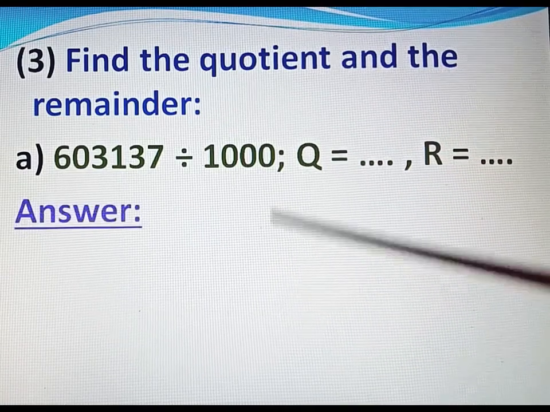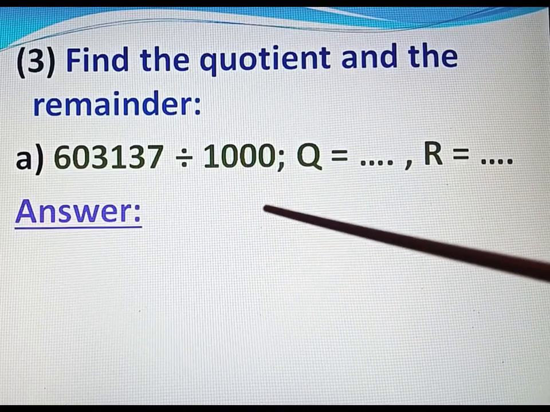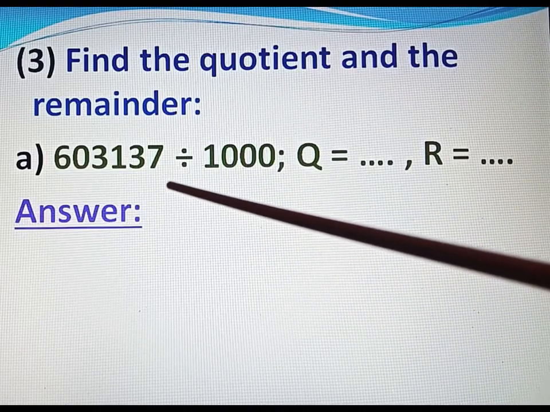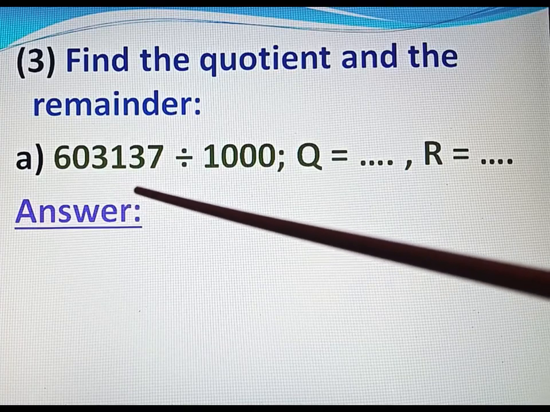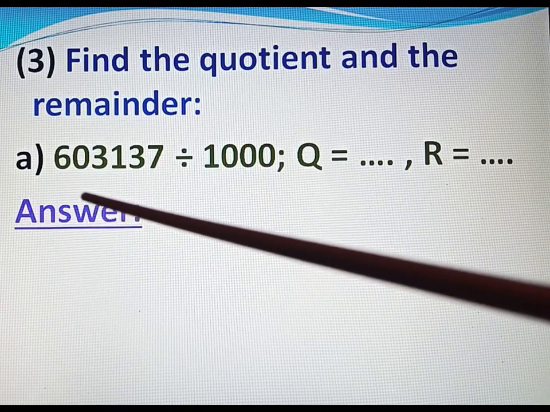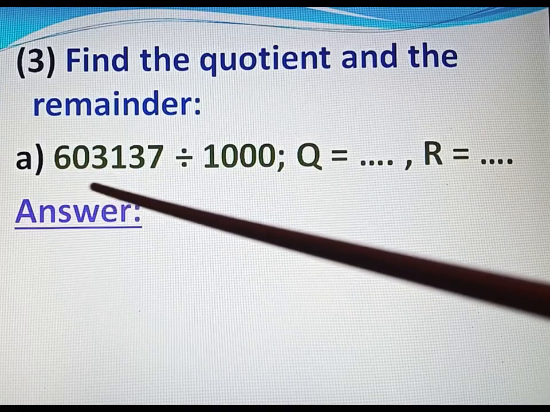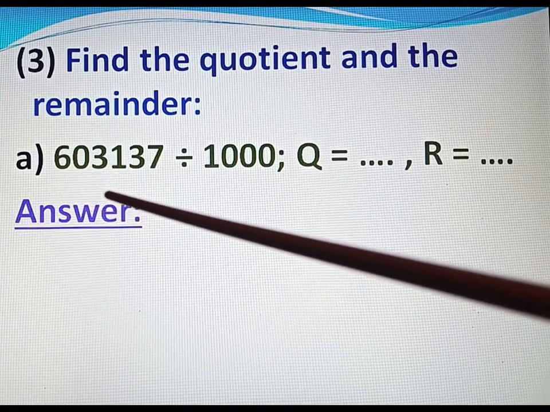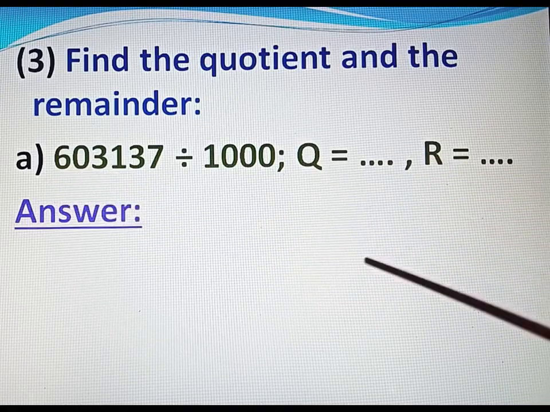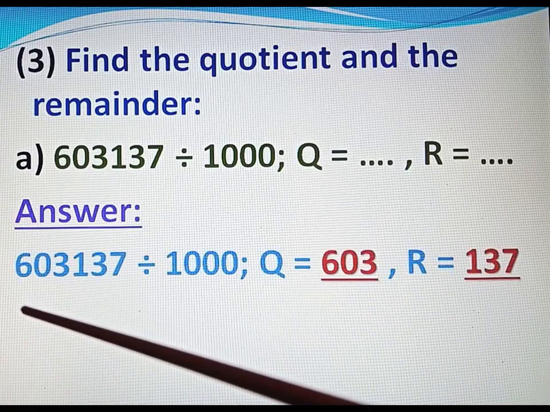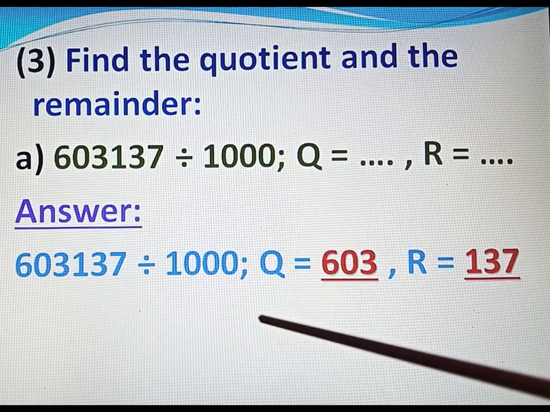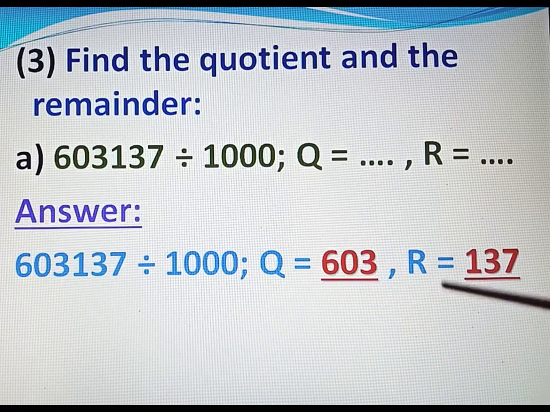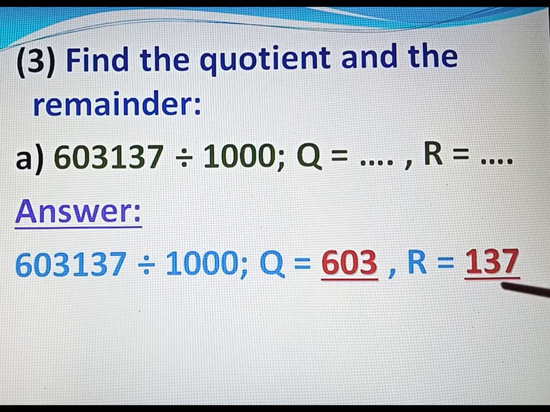See, if 1,000 is the divisor, then the number formed by the last 3 digits in the dividend, that is 137, is the remainder, and the number formed by the remaining digits, that is 603, is the quotient. Answer: 6,03,137 divide 1,000, quotient equal 603, remainder equal 137.